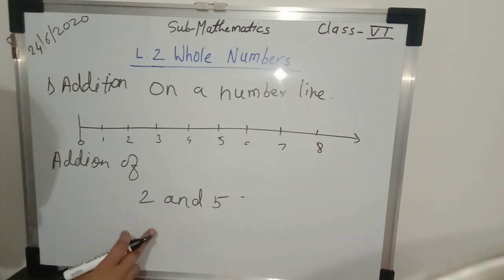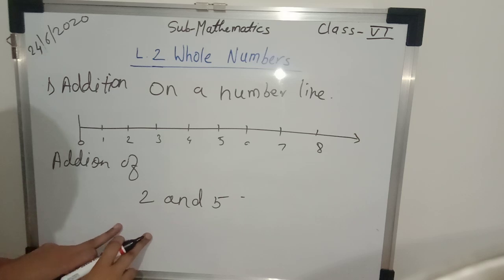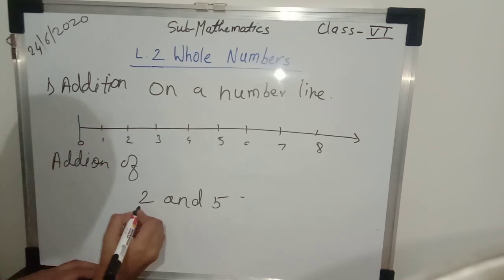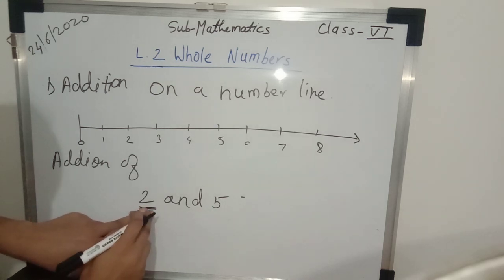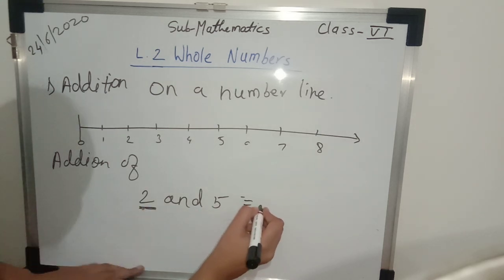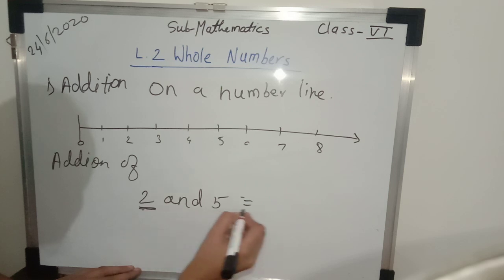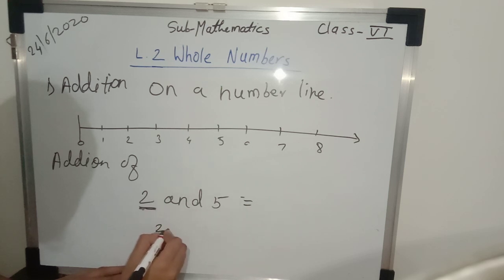Now when you are adding the whole numbers on the number line, the first number is 2. So we have to add the 5 to the 2 to get the sum of these whole numbers. If we simply add, 2 plus 5 is equal to 7.